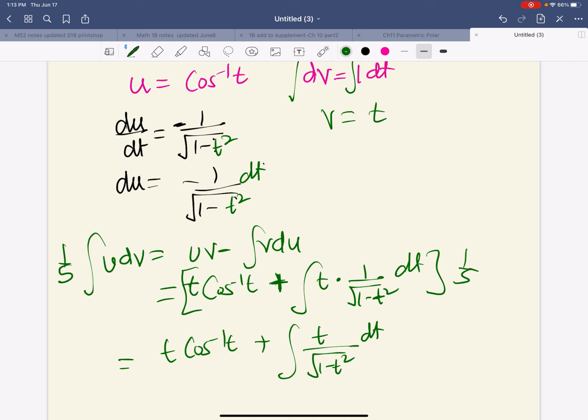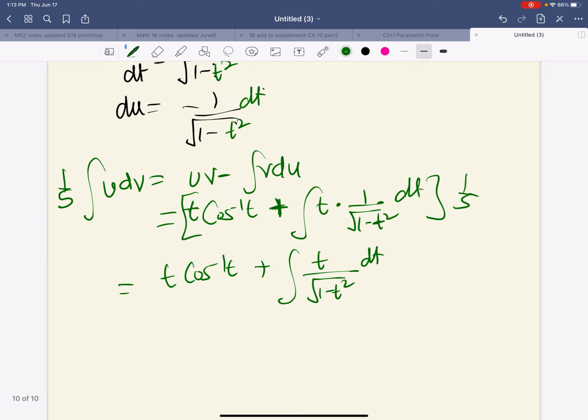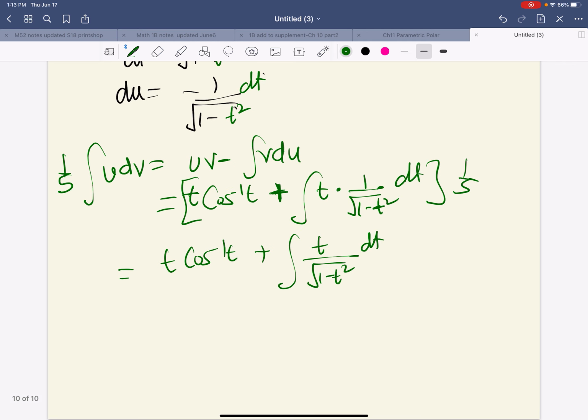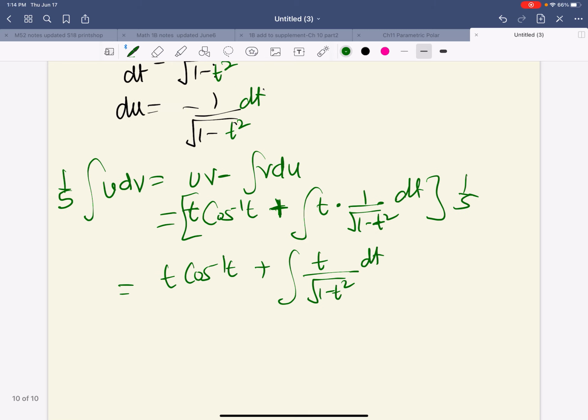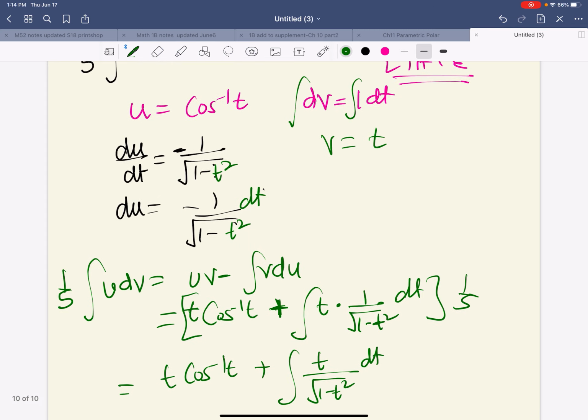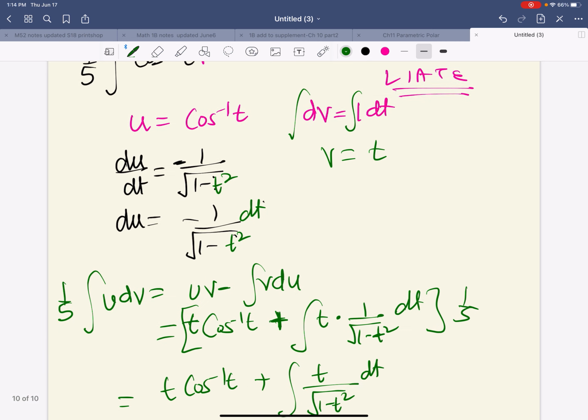We can go ahead and do the u substitution here. If I let 1 minus t squared be u, then the derivative is sitting on the top. And let me not call it u, let's call it some other letter, because we already have used the u, and the problem had x's in the beginning.